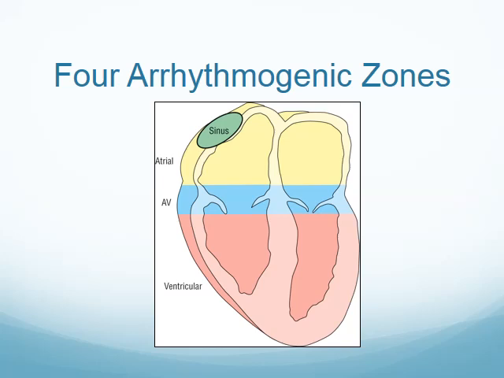And if it fails to fire, the ventricular arrhythmogenic zone is going to take over. Each of these is less effective than the last. So the ventricular zone is really not very effective at being a pacemaker. It really isn't able to establish a good heart rate, and there are going to be problems associated with that.